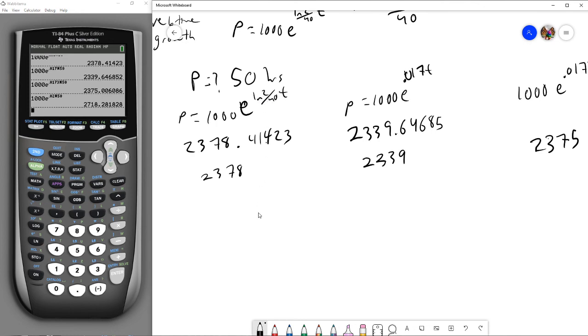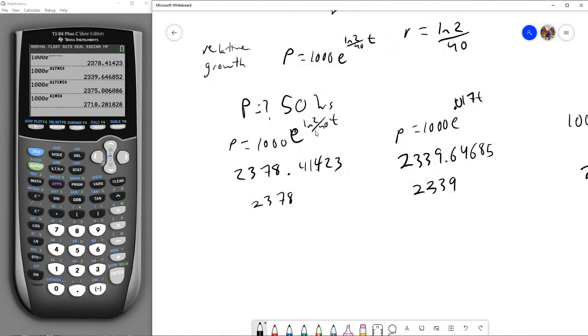Now if I had given a problem that required using this value over and over, what you would want to do is natural log of 2 divided by 40, and you want to store that. So I'm going to hit STO for store. I'm going to put that in memory slot A. Now notice, if I just put an A in, there's my number, and it will stay there.